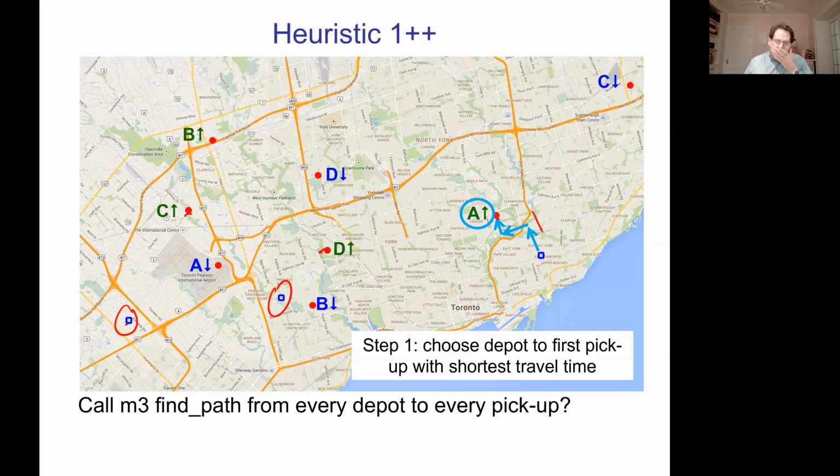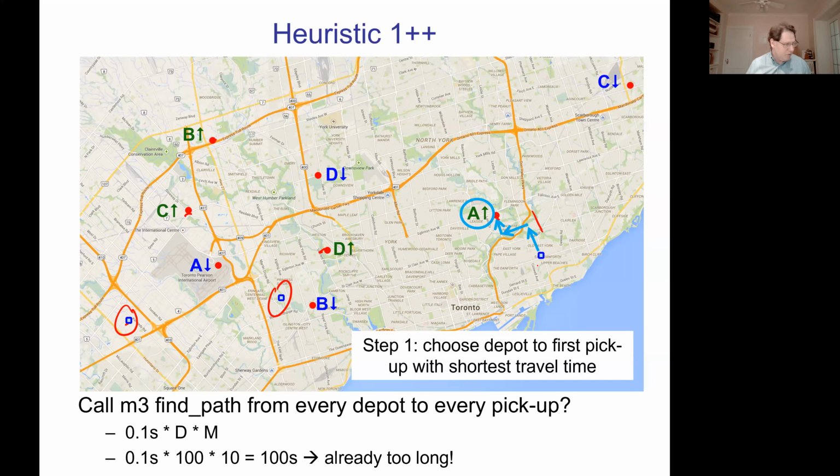But the problem is, this is slow. Just calling this from every depot to every pickup, in this case I don't have too many deliveries, but the larger problems we're going to give you in this milestone have D deliveries and M depots, where D could be about 100 and the depots could be about 10.